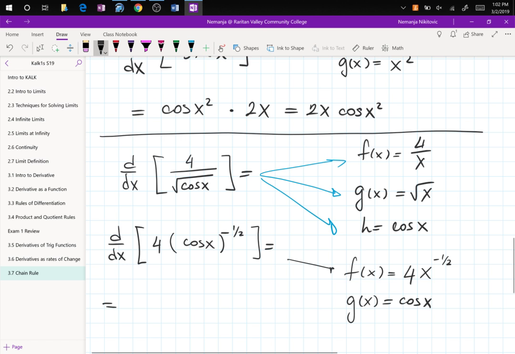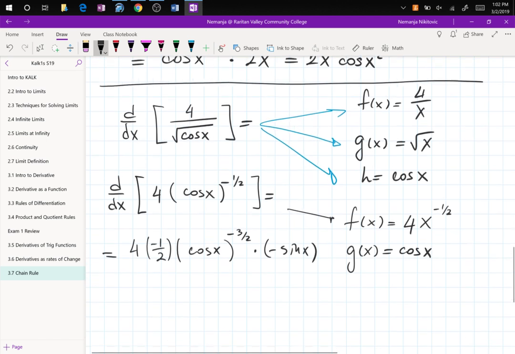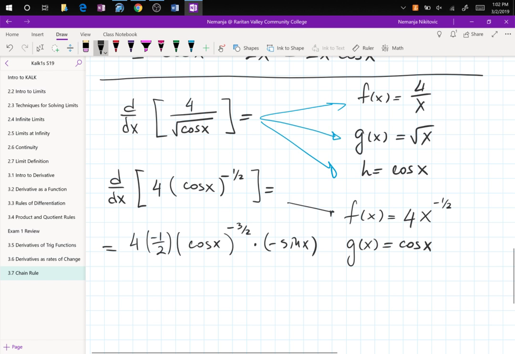Anyway, so take the derivative of this, which is 4 times negative 1/2 times cosine x to the negative 3/2, and now times the derivative of the cosine, which is negative sine x. Negative and negative goes positive. It becomes 2 sine x divided by cosine cubed x under the square root.